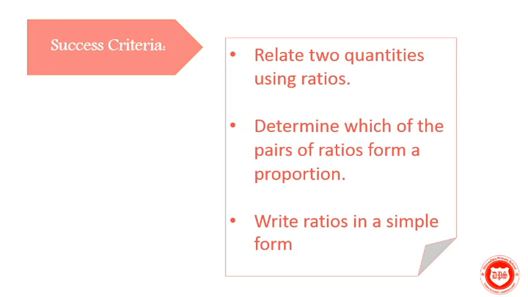And the success criteria for today's lesson is: you will be successful if you can relate two quantities using ratios, determine which pairs of ratios form a proportion, and write ratios in simplest form.